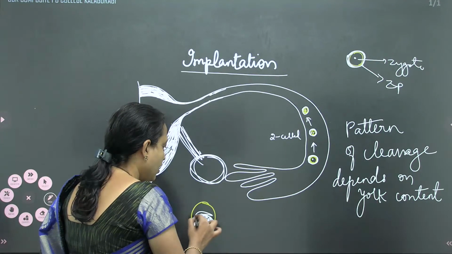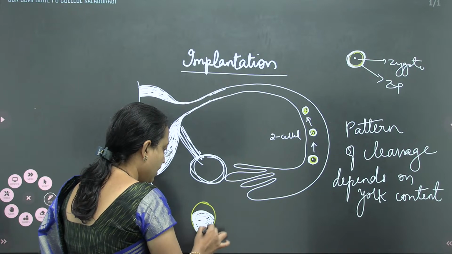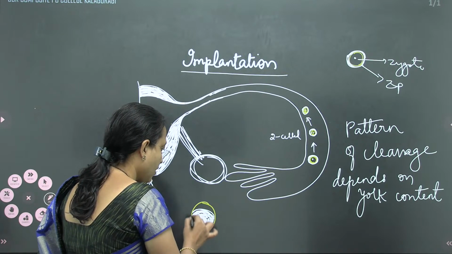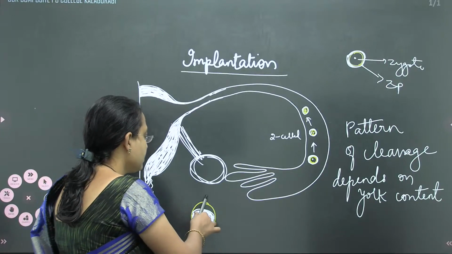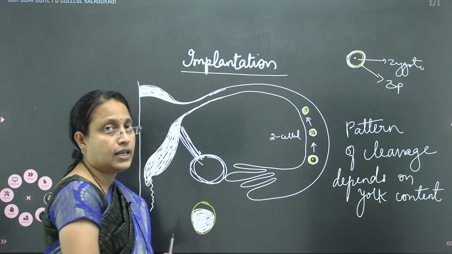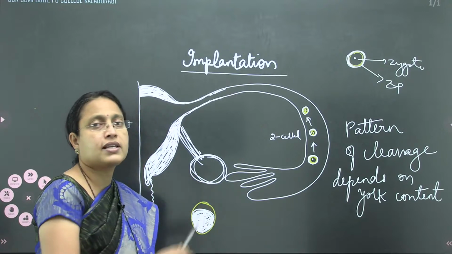When yolk content is more in a fertilized egg, the cell can't divide completely because it becomes too bulky for the cell division to occur.